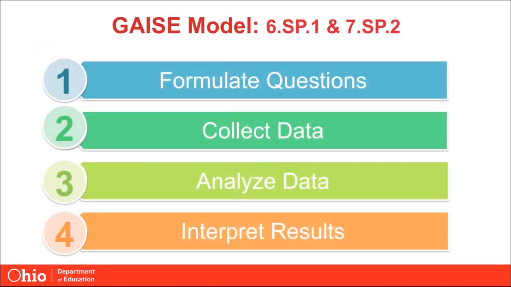One standard in 6th grade and one standard in 7th grade gives the outline for the GAISE framework. The first stage is to formulate questions, then collect data, then analyze data, and finally interpret results. This process should happen whenever students solve statistical problems. This framework will start in 6th grade and students will continue to use it in high school.